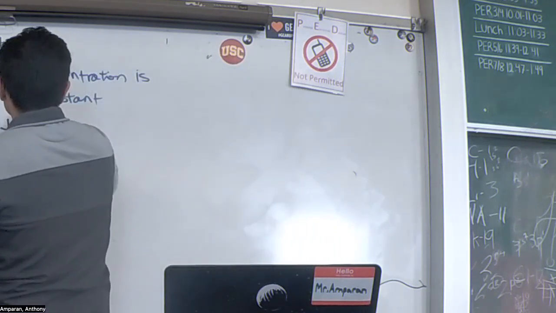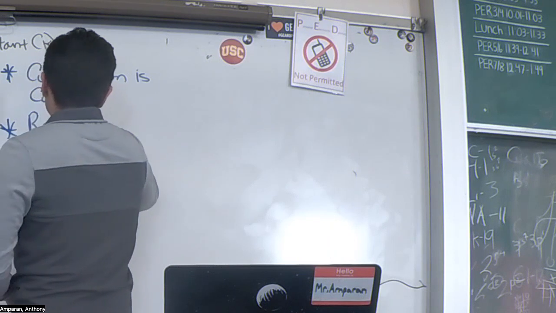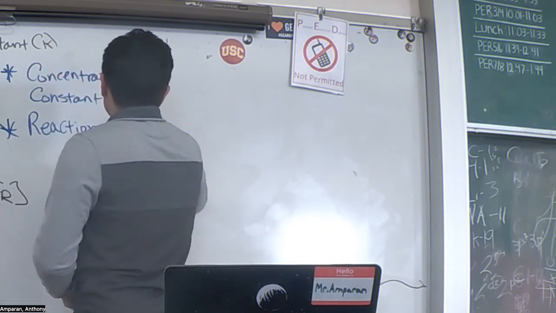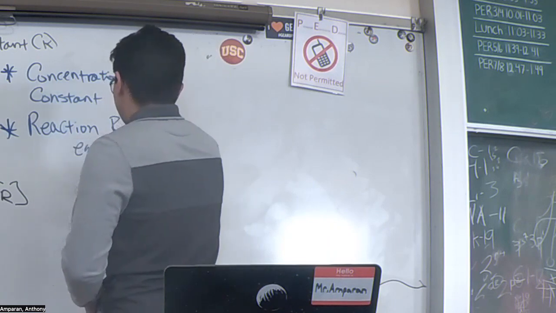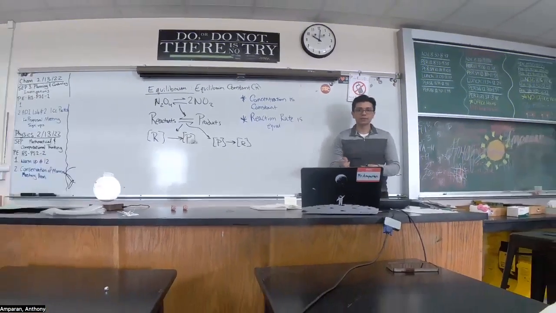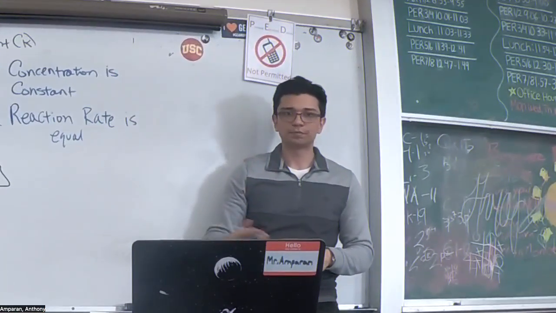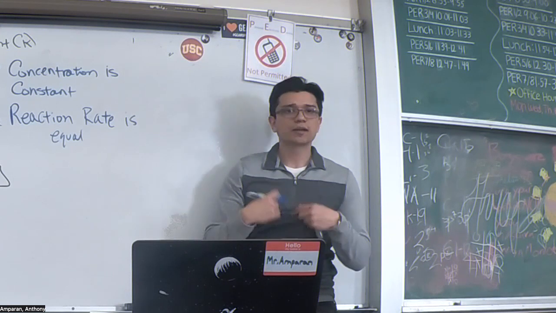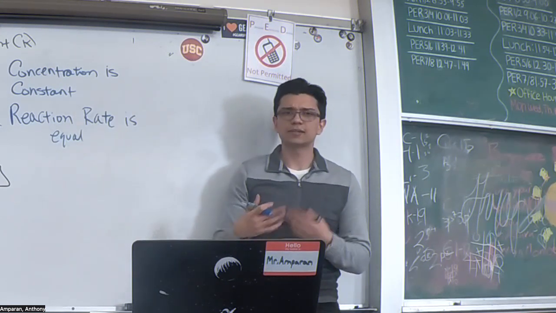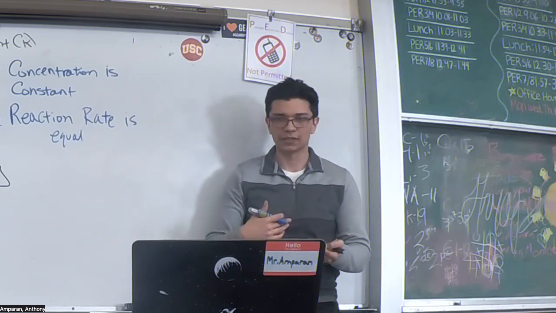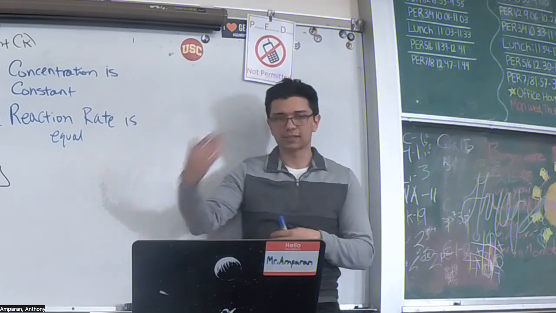And your reaction rate is equal. So if you have these two things, then we have equilibrium. One of these we're going to talk about a lot. Reaction rate, just think about that as how fast the reaction is going. The higher the reaction rate, the faster the reaction is going to happen.